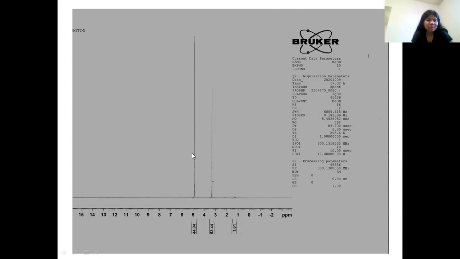But whenever you integrate the solvent peaks, they will give you some absurd value like 45, 53, 110, which are very absurd. You should not assign those peaks to your compound. There must be some solvent or impurity.